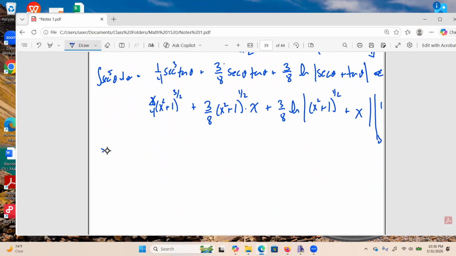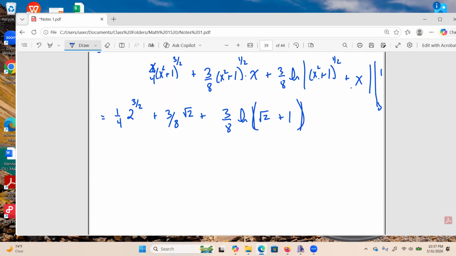So we're going to say this is equal to 1/4 times, 1 squared is 1 plus 1, so we have 2 raised to the 3/2 power, plus 3/8 times 2 raised to the 1/2 power, so that's the square root of 2, times 1, plus 3/8 natural log of, now we have 1 plus 1, so the square root of 2 plus 1. All right, that's nice. We don't need the absolute values because the square root of 2 plus 1 is a positive number. So let's go ahead and clean this up a little bit.